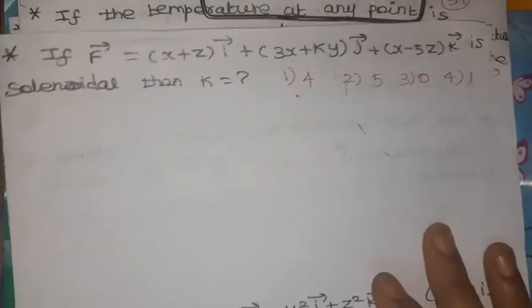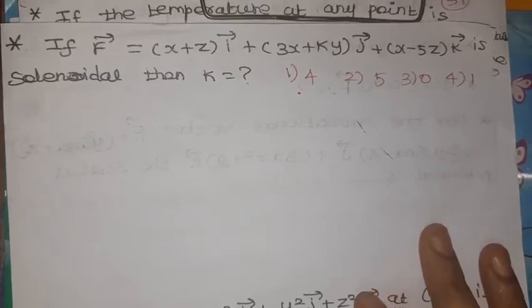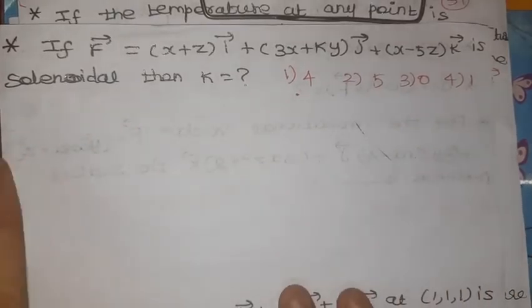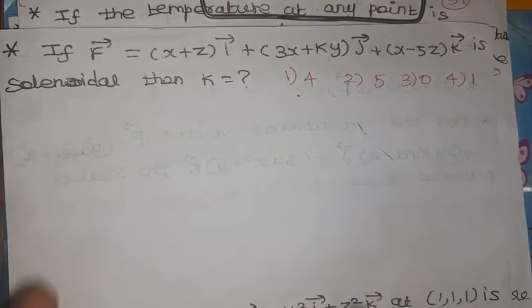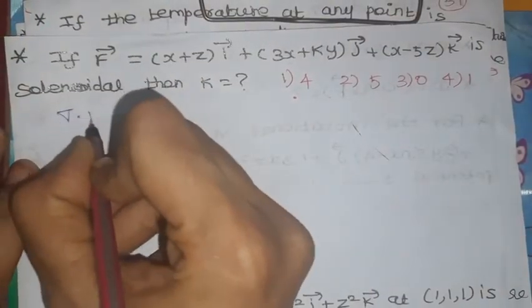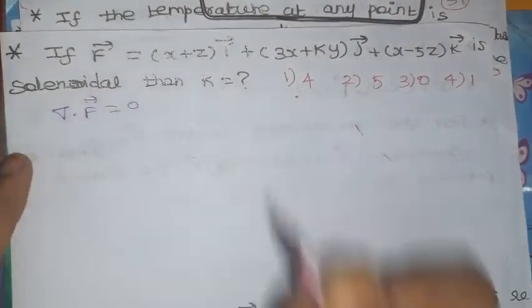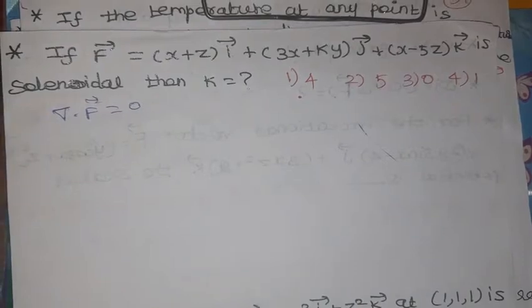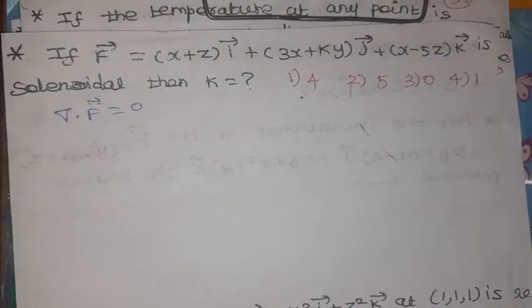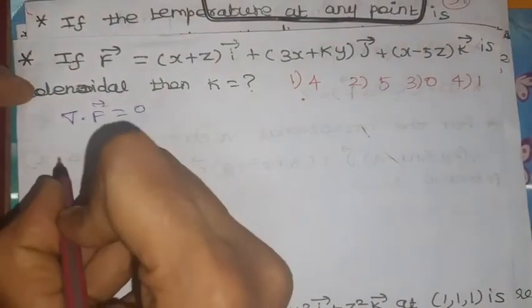If F equal to the given vector is solenoidal, solenoidal means what? Del dot F is equal to 0, or divergence of the given vector is equal to 0. So find out the divergence value.